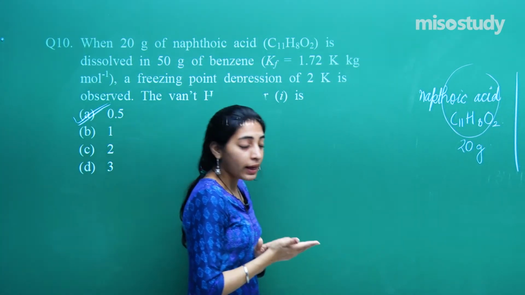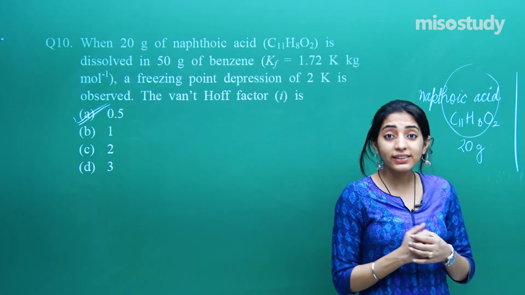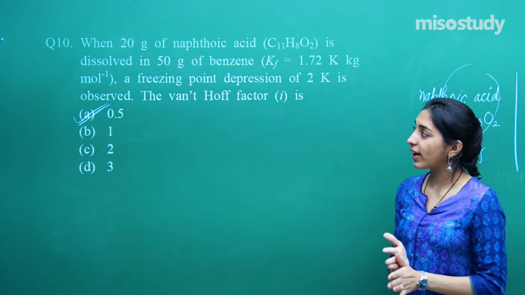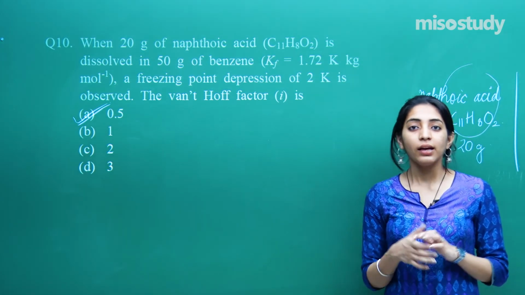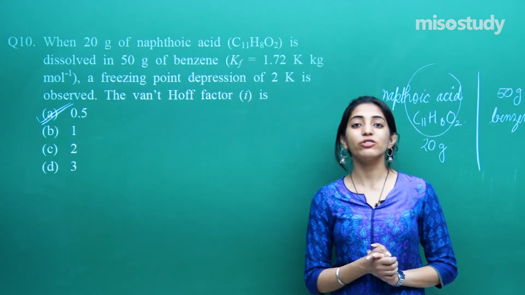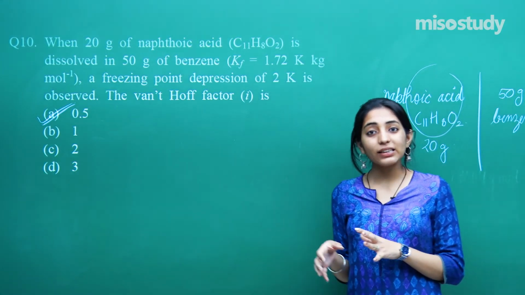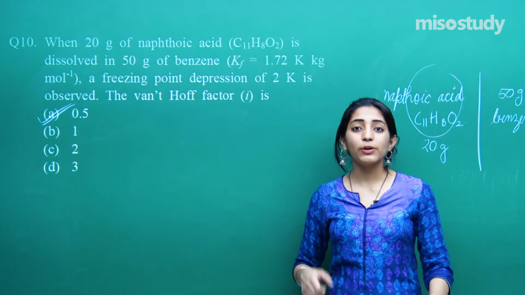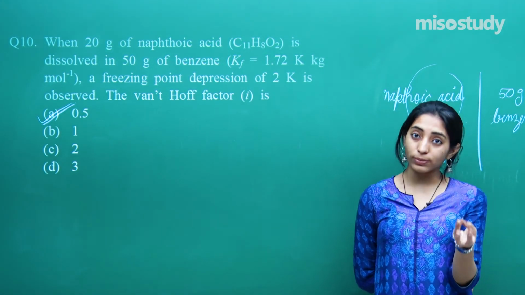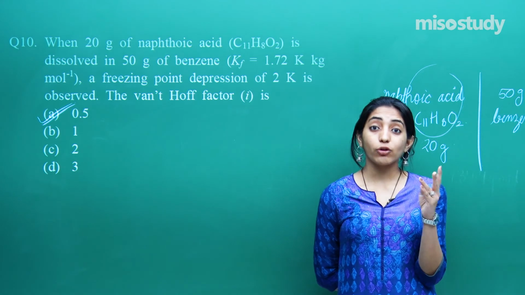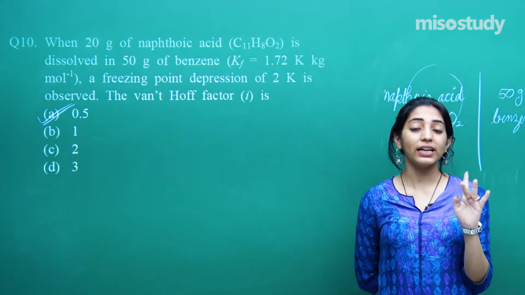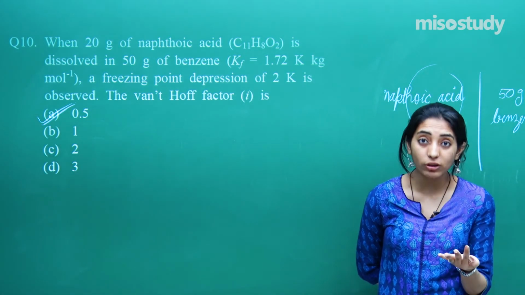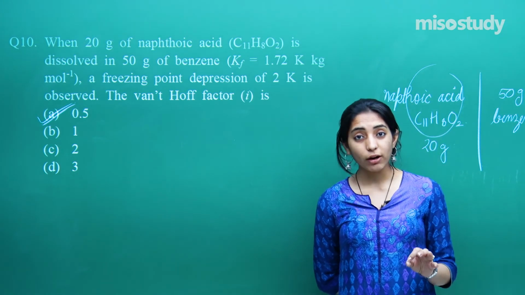Fine. So guys, this was a set of 10 questions that I had taken corresponding to JEE Mains level. As you would have seen, I have tried to cover each and every simple aspect: related to osmotic pressure we have done, related to van't Hoff factor we have discussed, related to elevation in boiling point, depression in freezing point, relative lowering of vapor pressure.